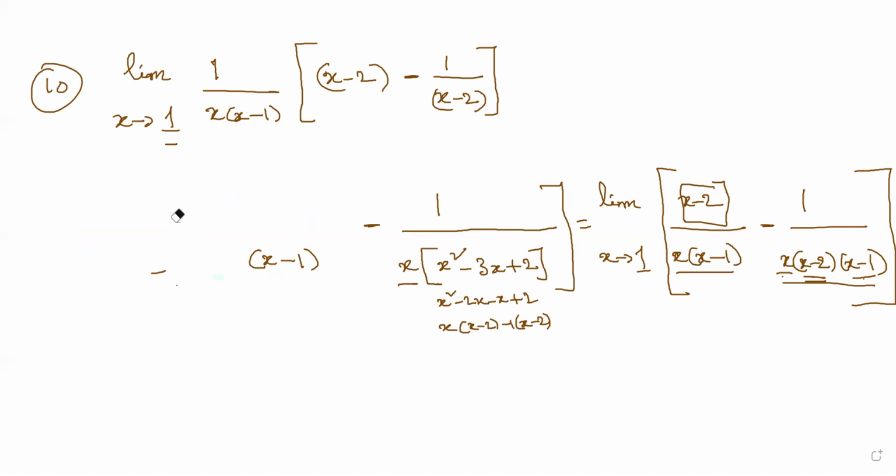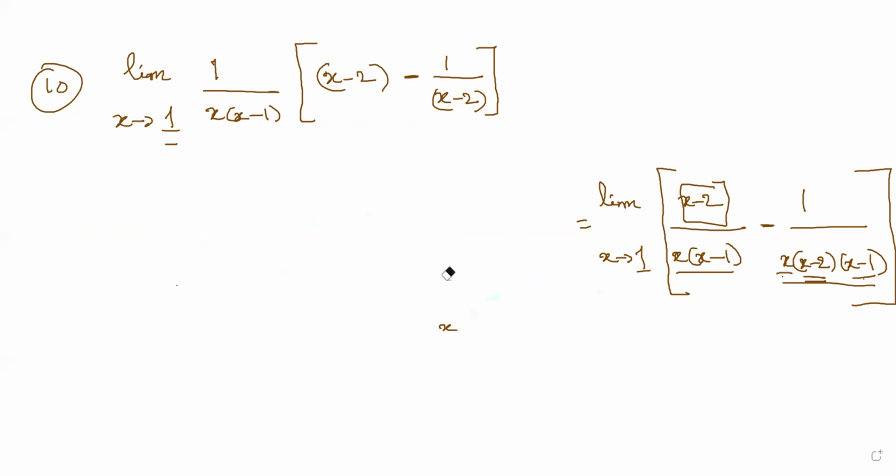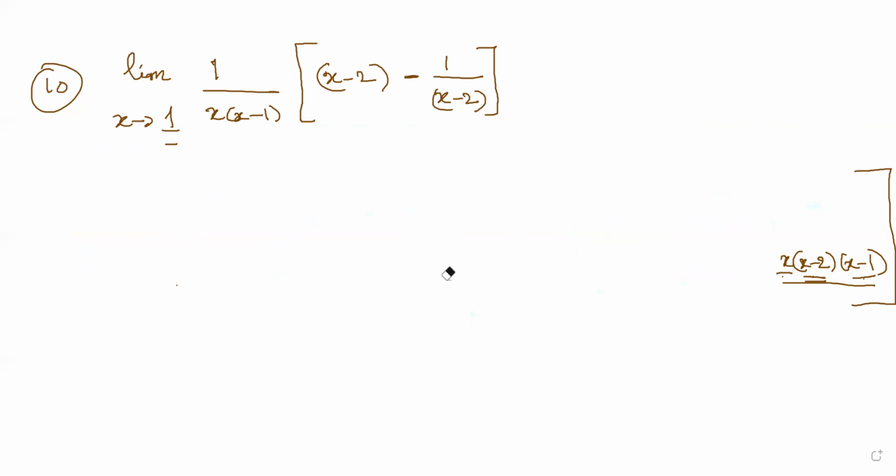So we have to continue with this step. Now you have to take the LCM of these things. After taking the LCM, you need this formula, a square minus b square is a plus b times a minus b. This is what I'm going to apply.